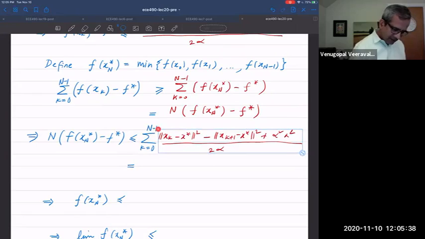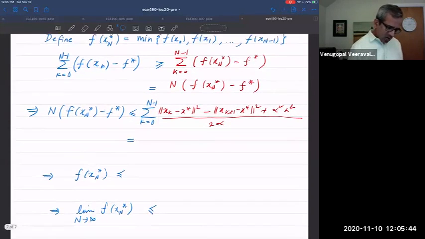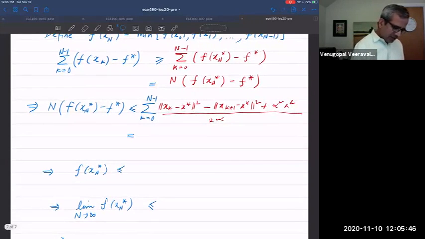So when I sum that, now I have the telescopic sum. The things in the middle will cancel out, and I'll be left with x0 minus x star and xn minus x star for this term.